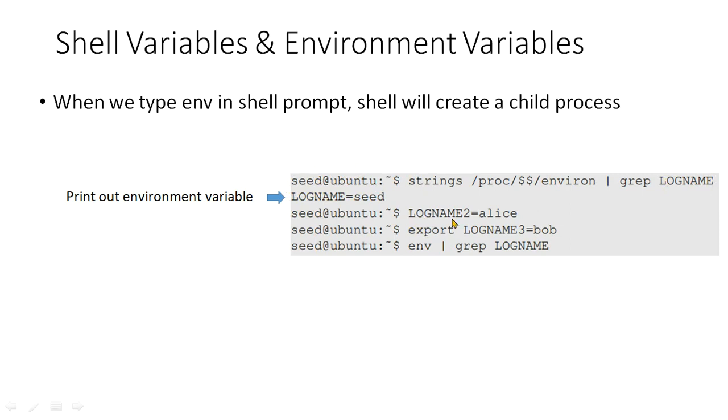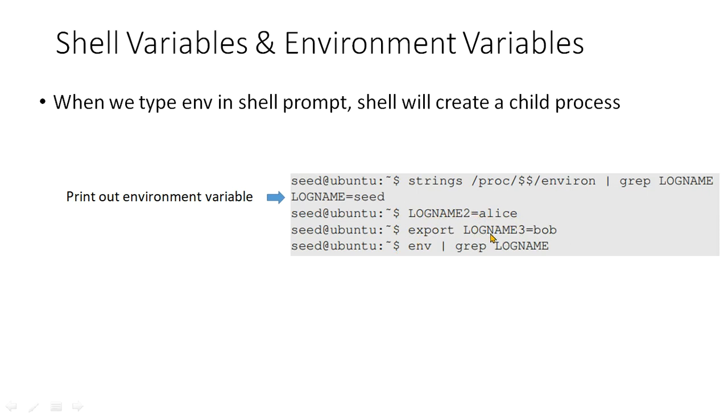We define LOGNAME2 as Alice, but we don't export this variable. This is a shell variable, not an environment variable, because we defined it locally in the shell here. So we can only change the shell variable.